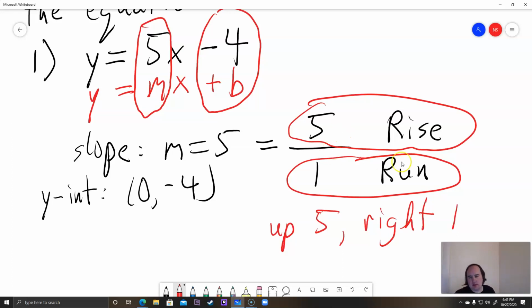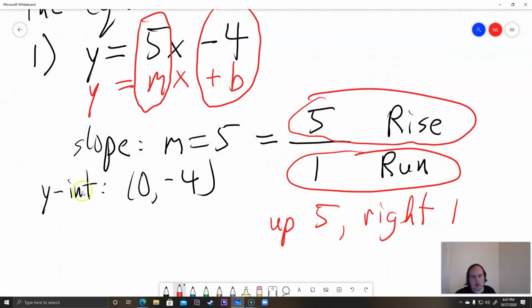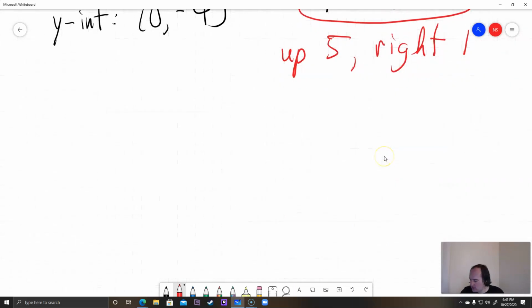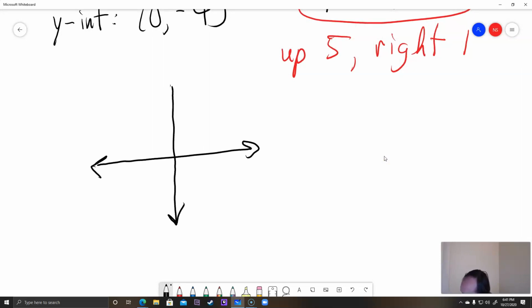So the basic way we sketch this is we just go ahead and draw the y-intercept, and then we follow the slope to find another point. So let's see how that's going to work. So let me sketch that here. So we know our y-intercept is (0, negative 4).